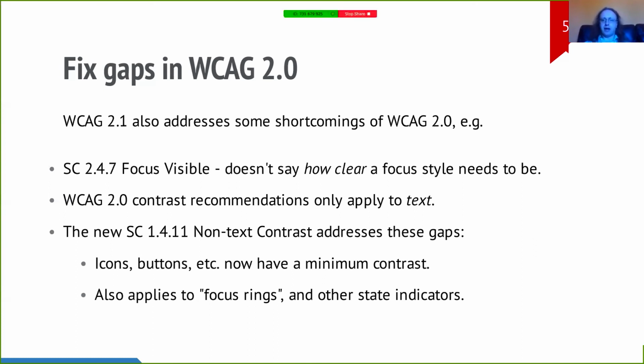It makes it clear that icons, etc., now need to have a minimum contrast, or that if your buttons have a border around them and there's quite a lot of padding, the clickable space might be a lot bigger than the text, then you need to be clear about where the edge of the clickable area is, and that gets a new minimum contrast. And this also applies to state indication, like the focus rings, it's clear that those also have a minimum contrast.